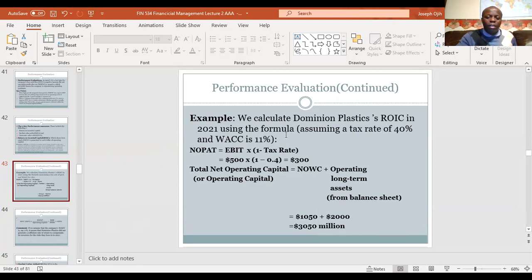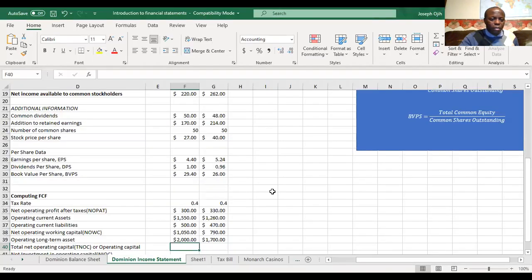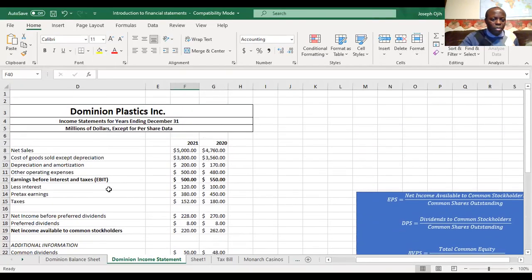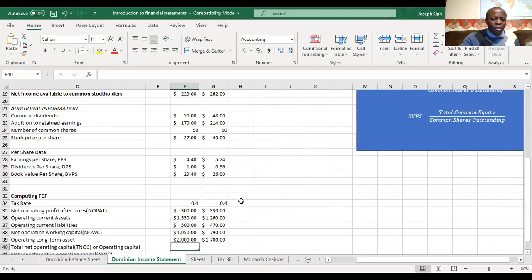Let us assume that the tax rate is 40% and the weighted average cost of capital is 11%. So first, to get NOPAT, we use earnings before interest and taxes times 1 minus the tax rate. If you look at the income statement, you can see that EBIT is right here. So NOPAT, we have it calculated here.